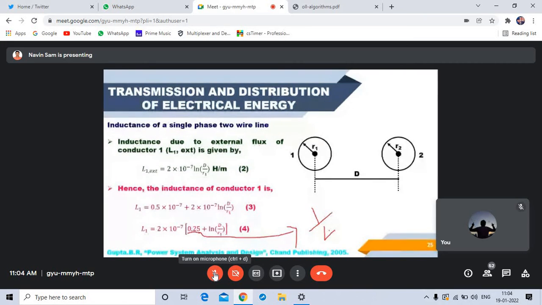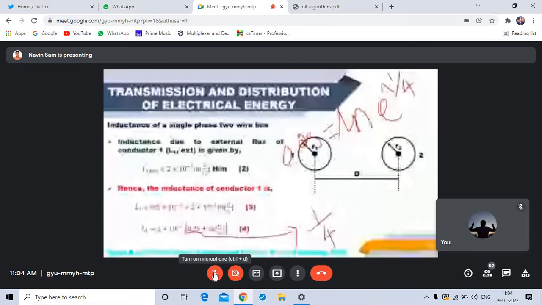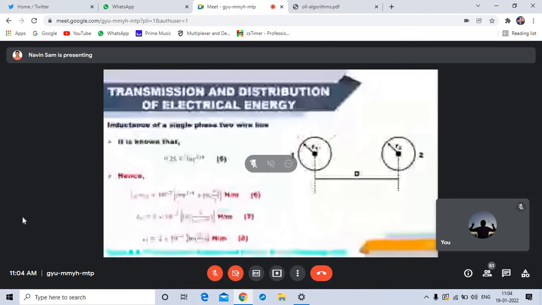It is well known. Am I correct? So 1 by 4, can I write it like this? ln e to the power of 1 by 4. So this is equal to 0.25. This is for mathematical simplicity. I am just writing 0.25 as ln e power of 1 by 4. That's it. You may take down.